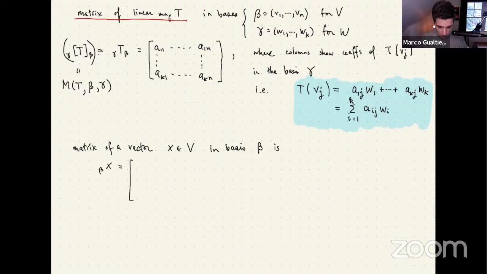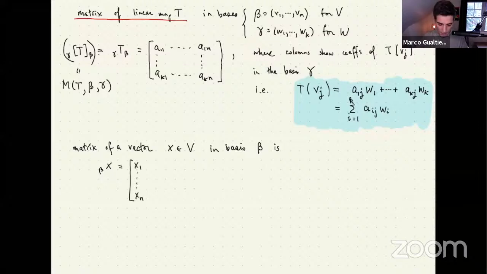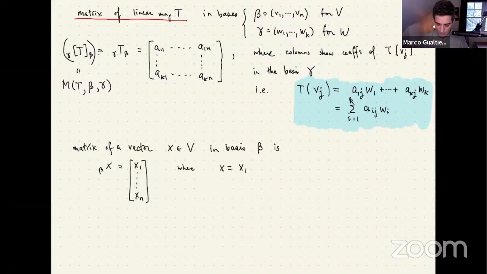It's a column vector, a column matrix. We have x1 up to xn. It has to have n coefficients because it's an element of an n-dimensional vector space, where x is equal to x1 v1 and so on. I just expand it in terms of the basis, writing it as a linear combination of the basis.